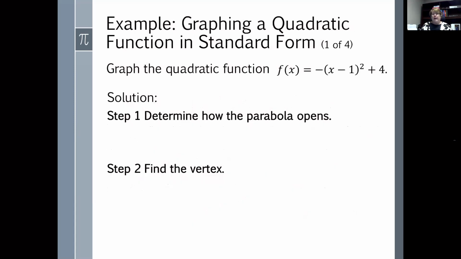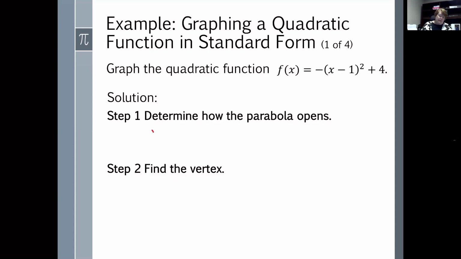All right, so let's graph this quadratic function. We have f of x equals negative (x minus 1) squared plus 4. Step 1 is to determine how the parabola opens. Does it open up or does it open down? Since I have a negative outside the parentheses, (x minus 1) squared, that means that coefficient a is a negative number.